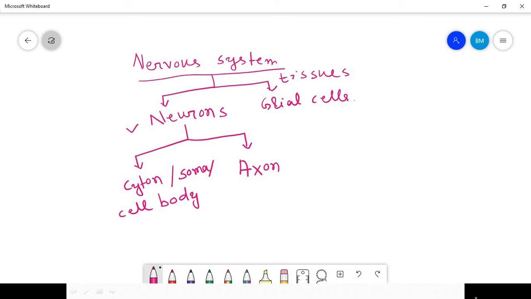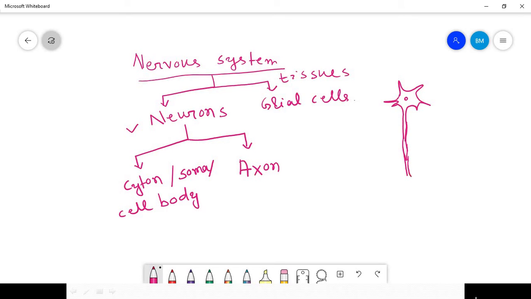I think you all see this structure. This is the structure of neuron. And the long process which I told you arised from the neuron is called as axons.